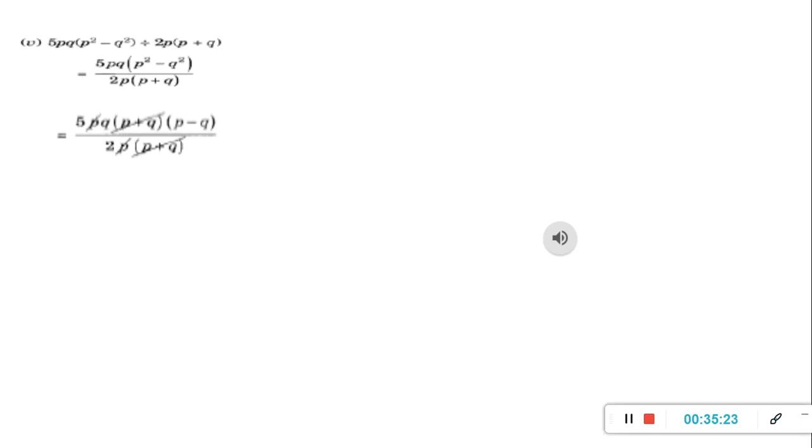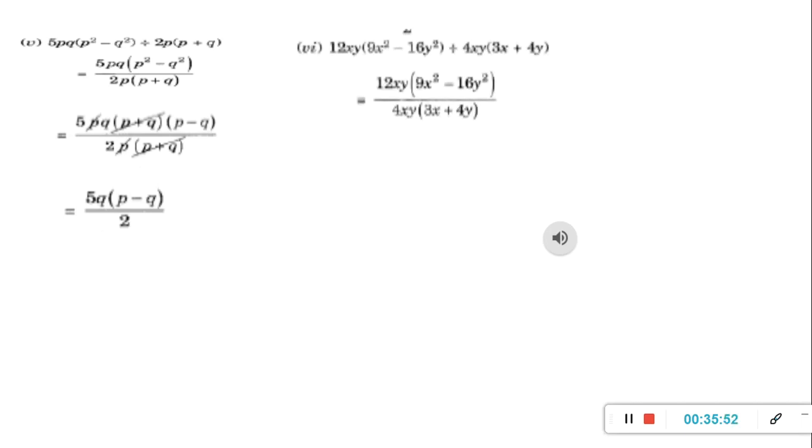Now you can see that numerator and denominator both are having p plus q as a factor. Yes. So we cancelled that. Now in the numerator 5pq is there and in the denominator 2p is there. From that p and p will be cancelled. Okay. Now what is remaining there? That is our answer. Means 5q into p minus q divided by 2. Yeah, 5q upon 2 into p minus q. That is our answer. Okay.